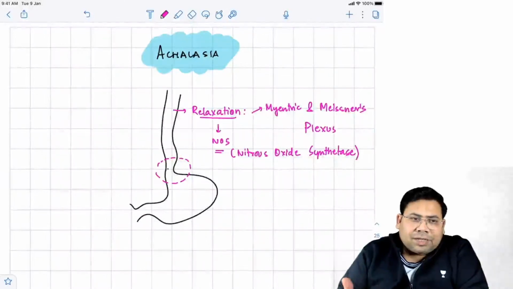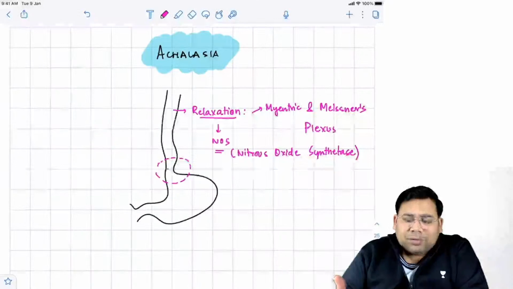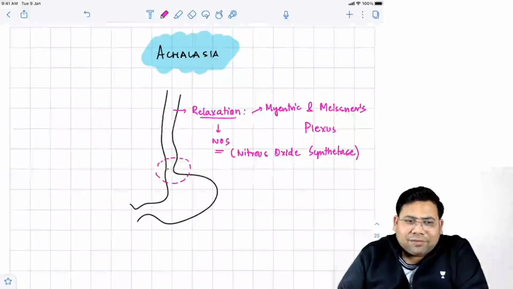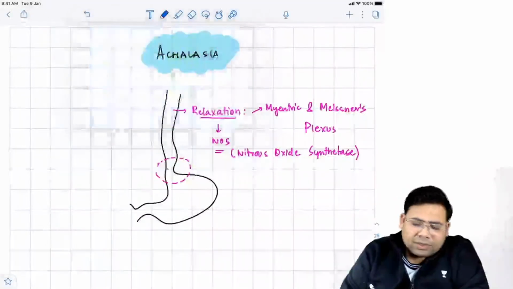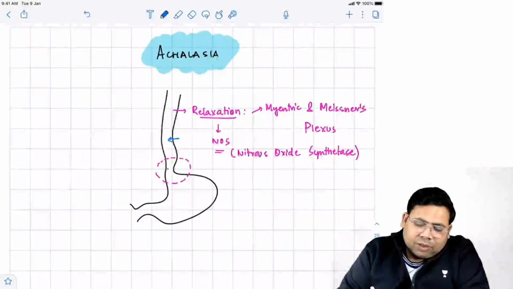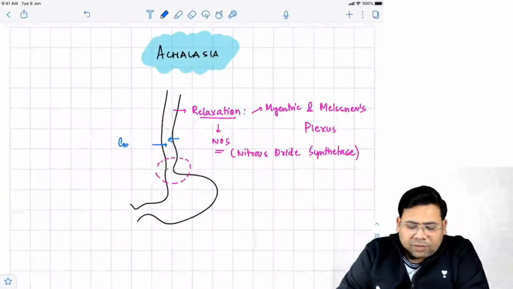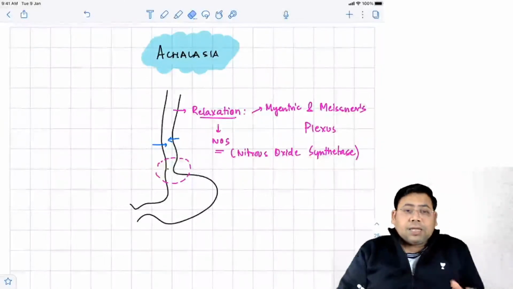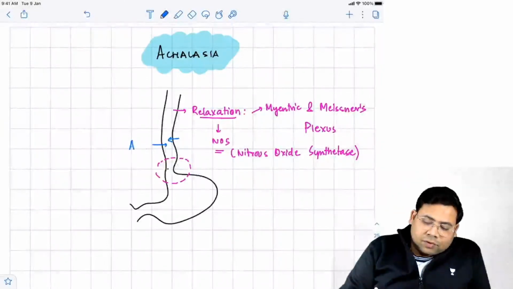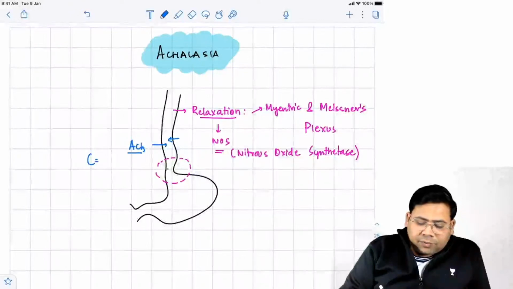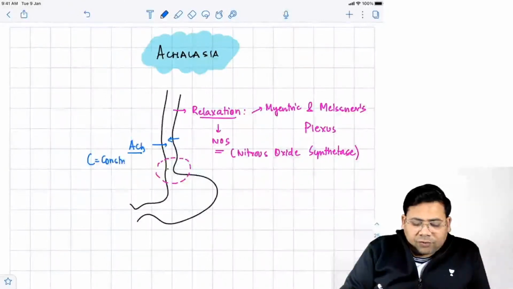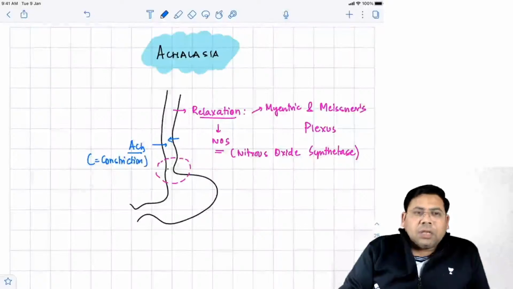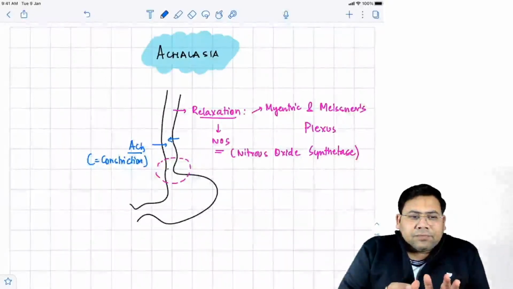Nitric oxide synthase produces nitric oxide, and nitric oxide causes relaxation. But what is responsible for constriction? Acetylcholine. Acetylcholine is responsible for constriction of the lumen.